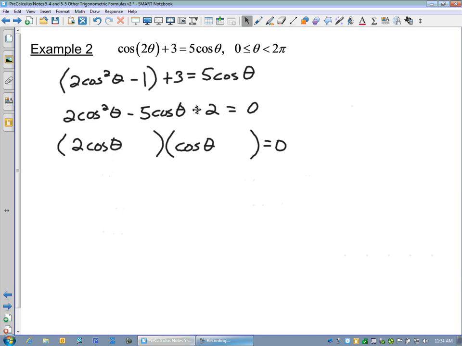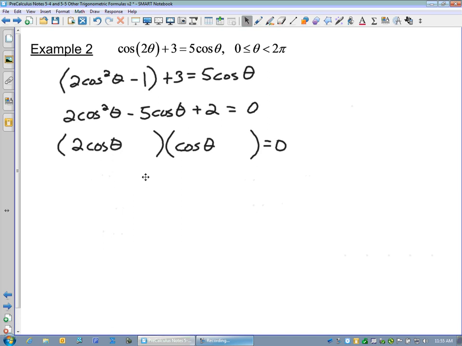Likewise, for our constant here, the only way you can get the number 2 is 1 and 2. But we do have to pay attention to the signs, of course. The positive on the constant means that these two numbers are going to have the same sign, and the sign of the linear term in the middle is going to tell you which sign that is. So both of these are going to be negative. A negative times a negative is a positive, and then the sum of two negatives is going to be negative.